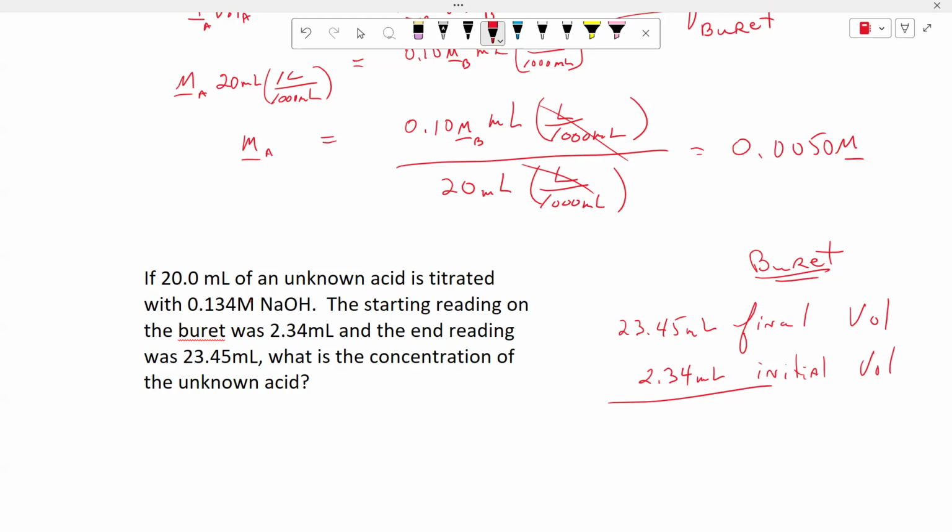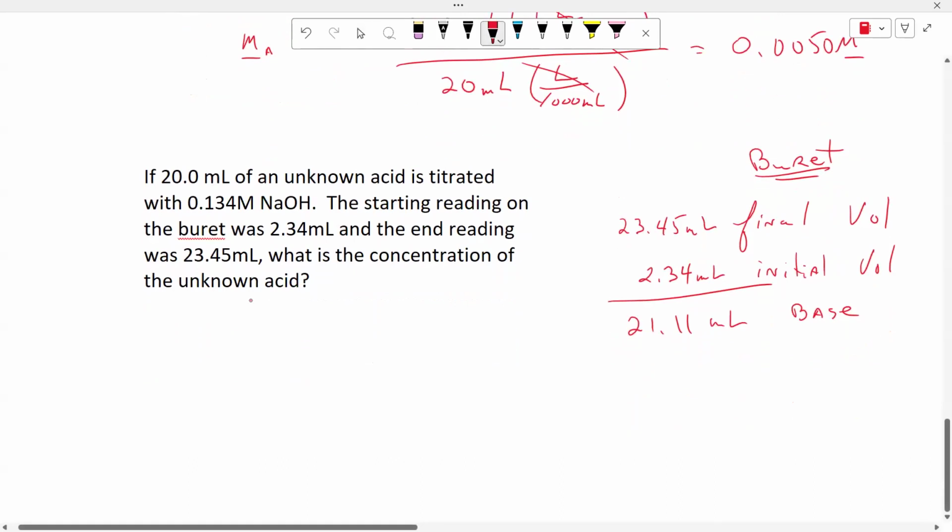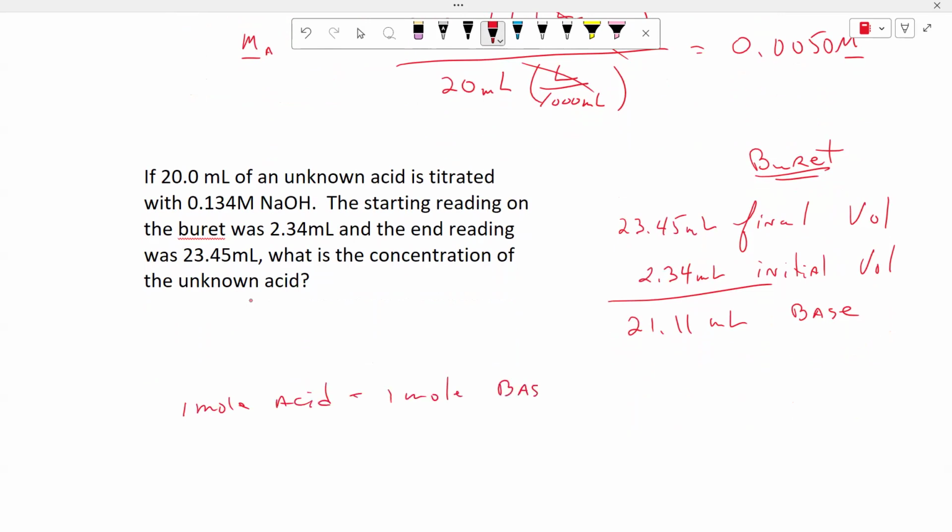Okay, so we're talking about 21.11 milliliters of base. So going back to our equation: at the equivalence point, 1 mole of acid equals 1 mole of base.